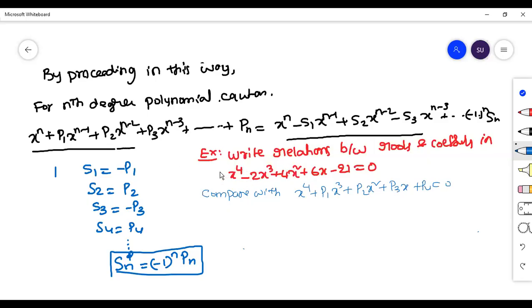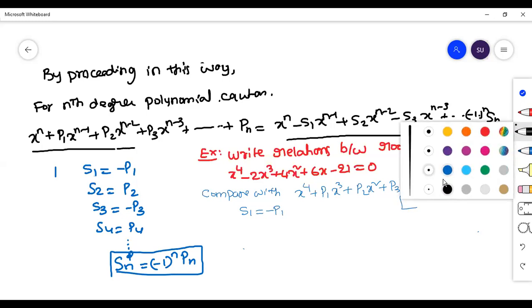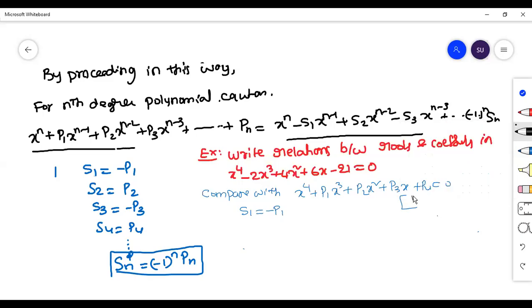Now it is a fourth degree equation, which means you will have S1, S2, S3, S4. What is the relation? S1 is equal to minus P1. If you compare these two, P1 is equal to minus 2, P2 is equal to 4, P3 is equal to 6, P4 is equal to minus 21.